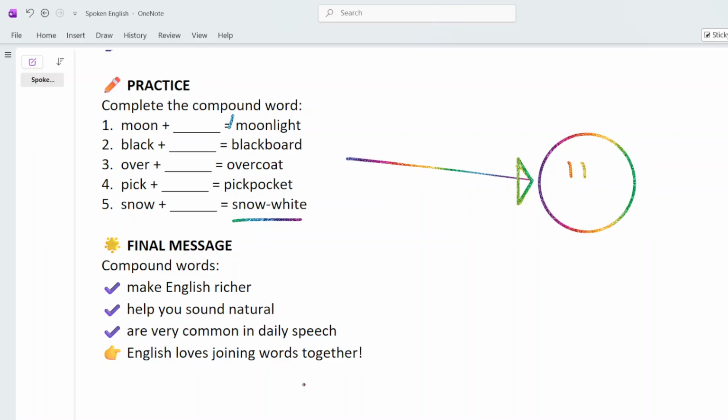Okay, great. So now, again, to tell you the same thing all around, please go ahead and practice these words. I would really want you to use them in your daily life as well, so that you understand that these words make your English richer, help you sound natural, and are very common in daily speech. Just that, we do not realize that we are using these words.